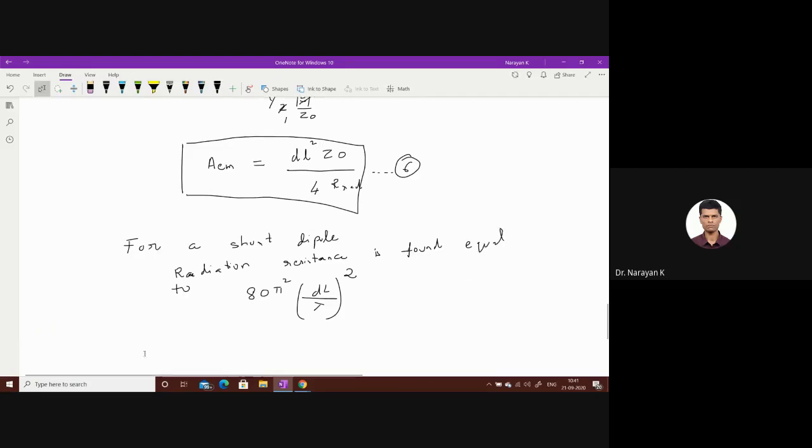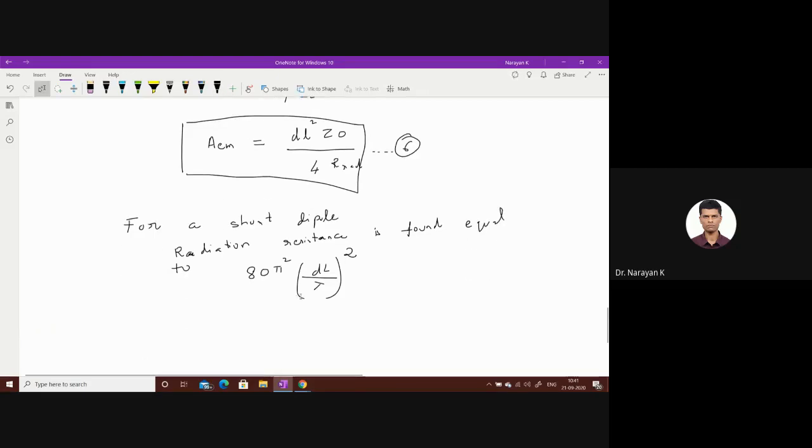See, this derivation of radiation resistance of short dipole or Hertzian dipole we will be doing in the 4th module. Right now, you please write this equation. So this is your radiation resistance of short dipole, also called Hertzian dipole. Is it clear?